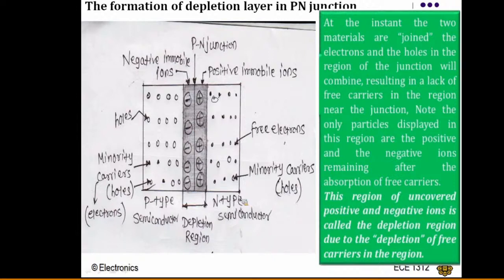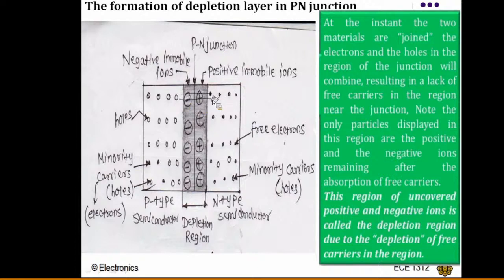Now, if you combine the p type and n type material, the depletion region is going to be formed. Depletion region in the sense, in this region there are no charge carriers. All the charge carriers are depleted. Now, electrons on this side and holes on this side cannot recombine because the depletion region is there, like a wall between these two materials.